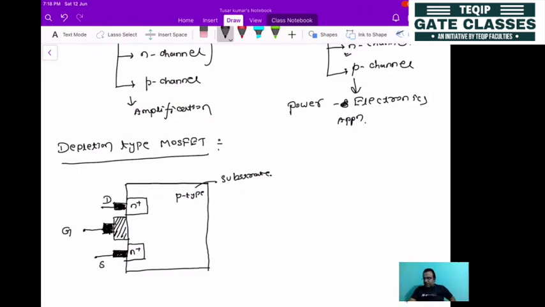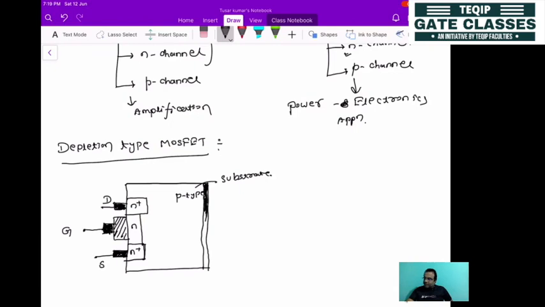In between these two N plus type materials, they are connected through another N type material. This is how the structure is. Here another metallic contact is also placed.